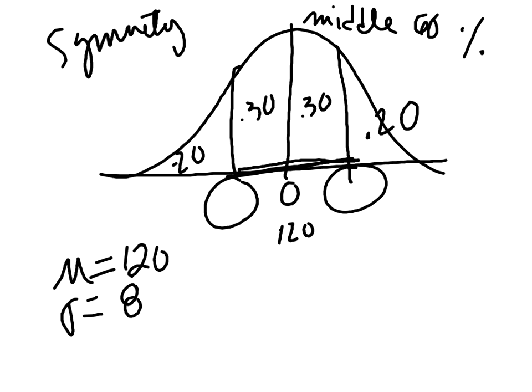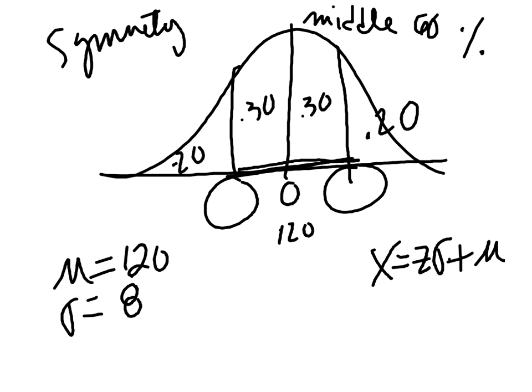Now, what we're supposed to do here, find the upper and lower readings that would qualify people to participate in the study. So what we're looking for here, remember our formula says that X is equal to our corresponding z-value times the standard deviation plus the mean.